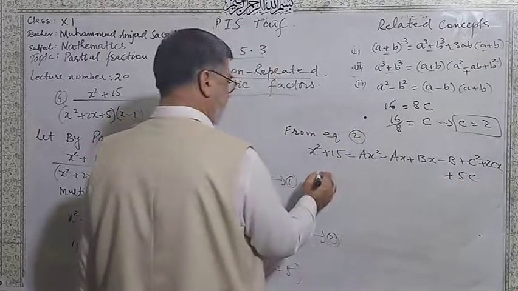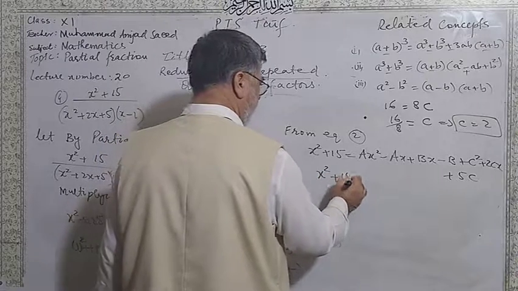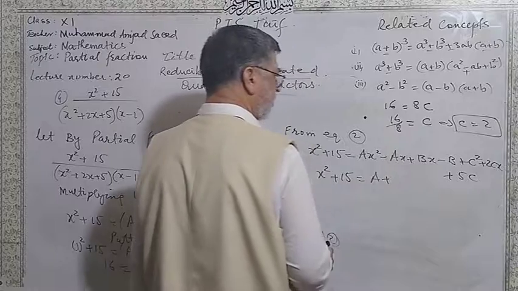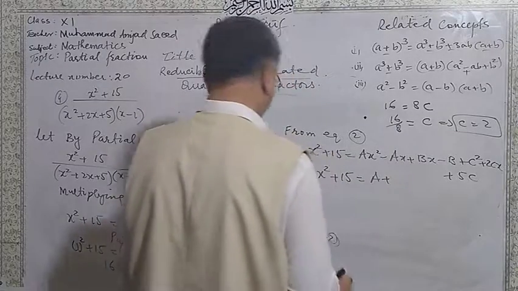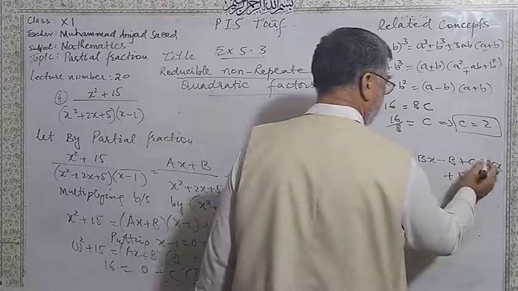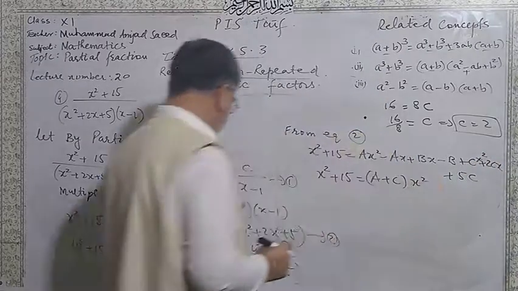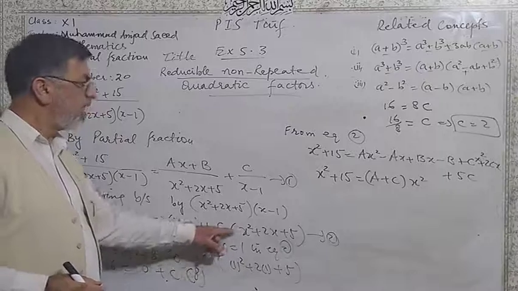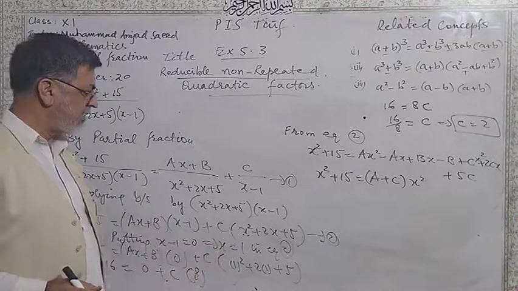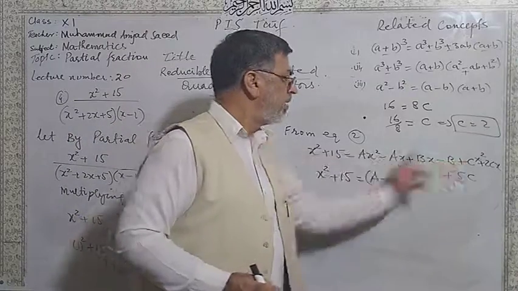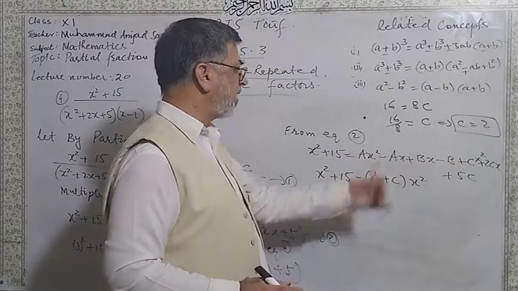Now rearranging, x square plus 15 is equal to a plus c into x square, plus 2cx and 5c. We have written the x square terms taken common.